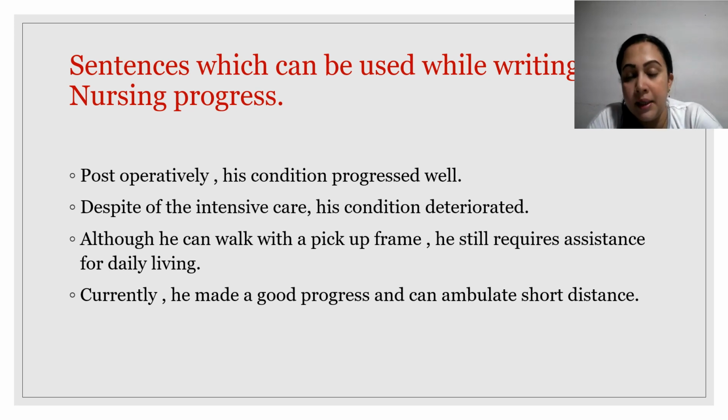So you have to combine it together and make a single sentence using passive voice. And the last one: currently he has made good progress and can ambulate short distances. I hope that is also clear.